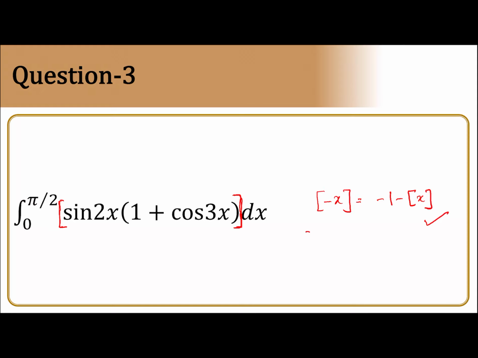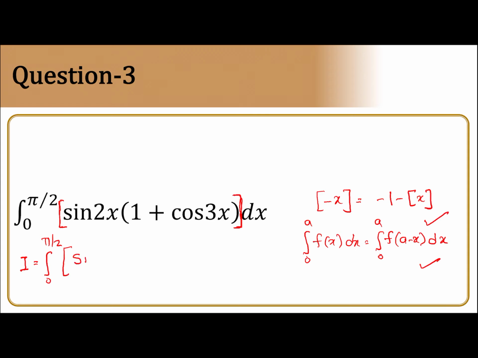It's a very, very important property. Another property we know, integral 0 to a of f of x dx is equal to integral 0 to a of f of a minus x dx. Whenever you do a problem for revision, you should always practice and write the formulae every time. So if I do it like this, this is I, you apply 0 to pi by 2.